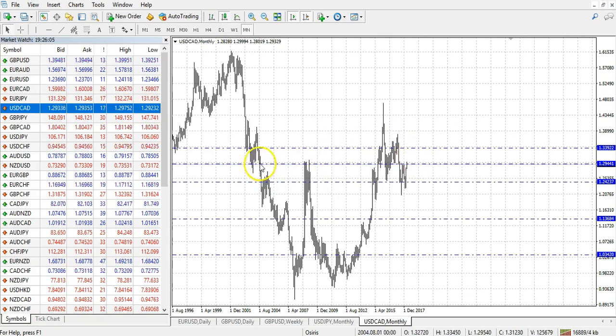So we're looking at the current price, 129.44. But if I go all the way back to between 2001 and 2004, you see that this level right here was some sort of support.